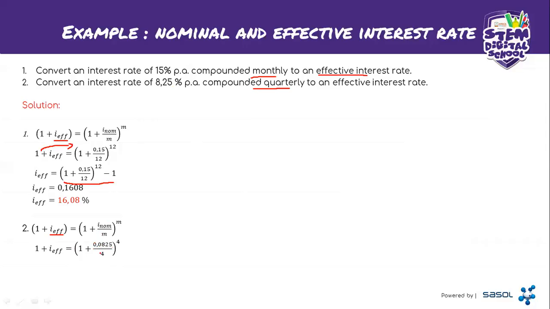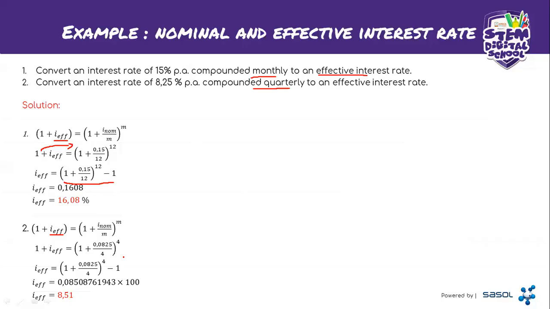The compound period is quarterly, so you use 4. Then you transpose that positive 1 to the right hand side, press everything on your calculator, and multiply by 100. The interest rate we get is 8.51. So that's how you should go about it.